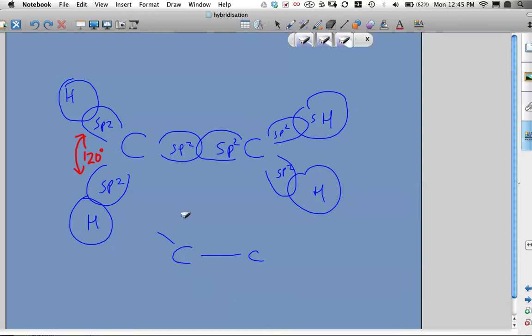To show perspective here, I'm going to use some wedges. So that's going back into the board. These are all sigma bonds.